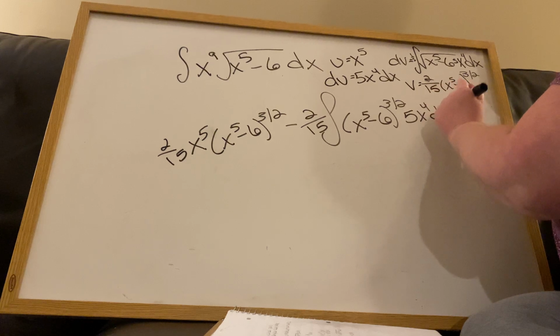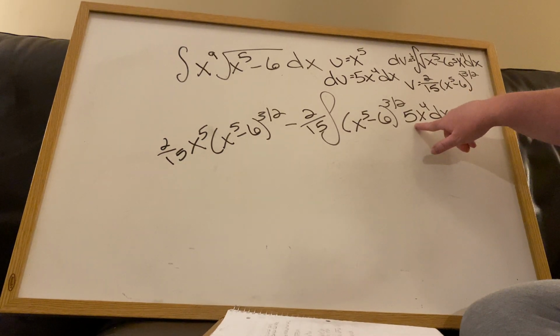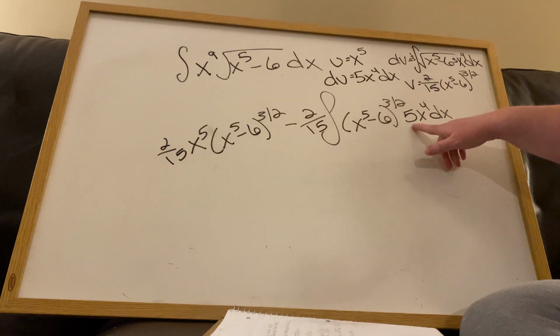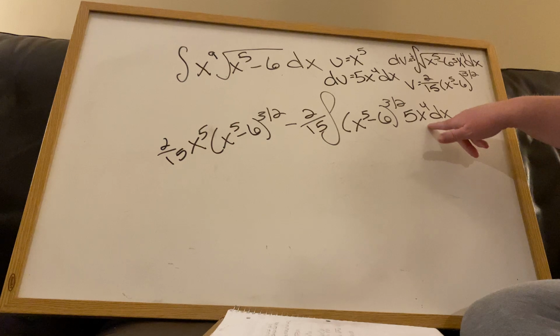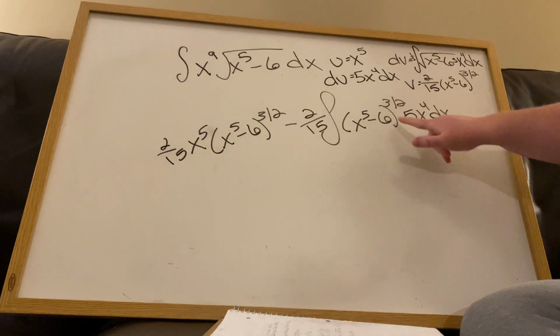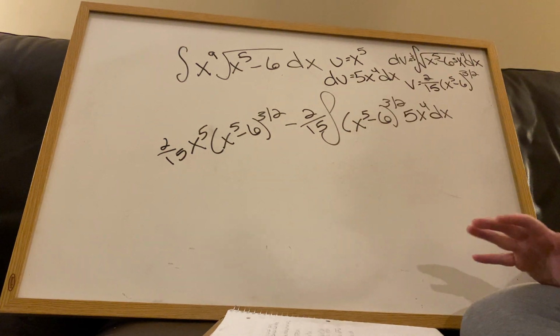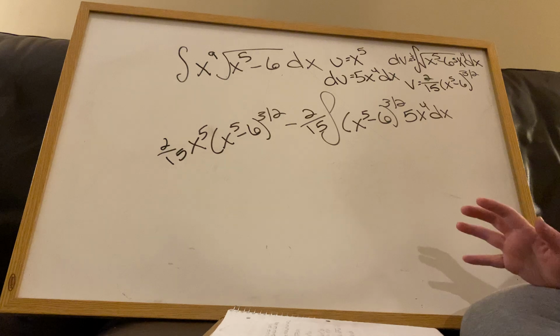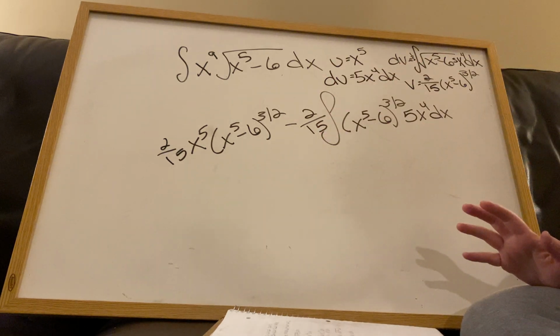Now this is one case in which I'm going to leave the constant in. The reason I leave this constant in is because it's helpful in that then this is exactly your du value. If you sit there and you go, I don't want to leave the constant in, I want to take all of them out and deal with it later, you can. It's not wrong, okay? You could pull out the 5 also and reduce that. Either way, you're going to get the same answer.